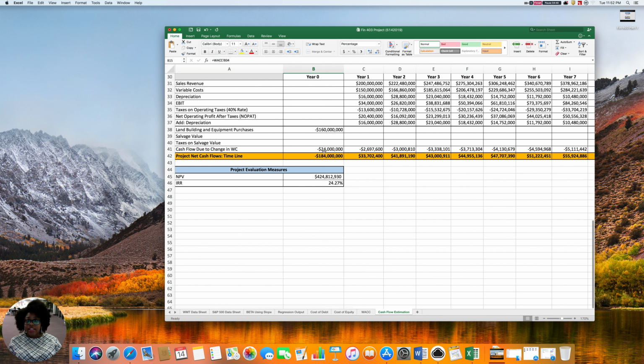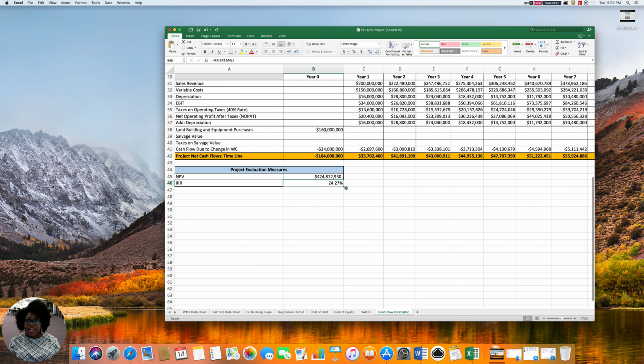Then we look at the cash flows all the way through, and add that to the initial investment, and that gave us an NPV of 424 million, which I thought was very high. But of course, you're making 33 million, 41 million, all of this money off of your initial 184 million investment. And remember, your cost of capital is only 2%, so it's not really costing much.